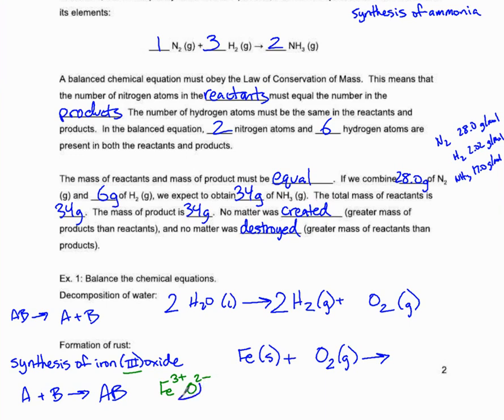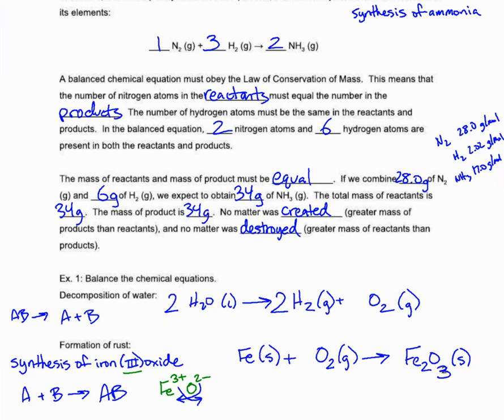And remember, switching the charges gives us Fe2O3. And this is going to be a solid. You're familiar with it. It's brown. It kind of crumbles at times. It's not very strong.